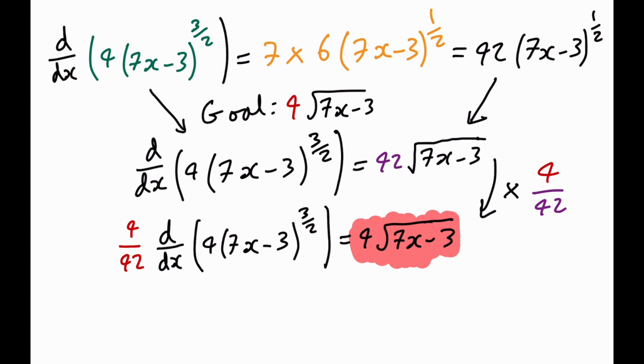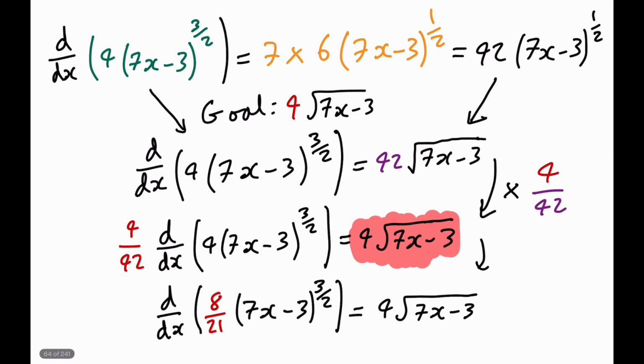So therefore this must be the true value of this when you integrate this. Because of differentiation, you can take out the coefficients and put them inside. We do this, and when we multiply 4 over 42 times 4, we get 8 over 21 on the inside, times the same 7x minus 3 to the power 3 over 2.